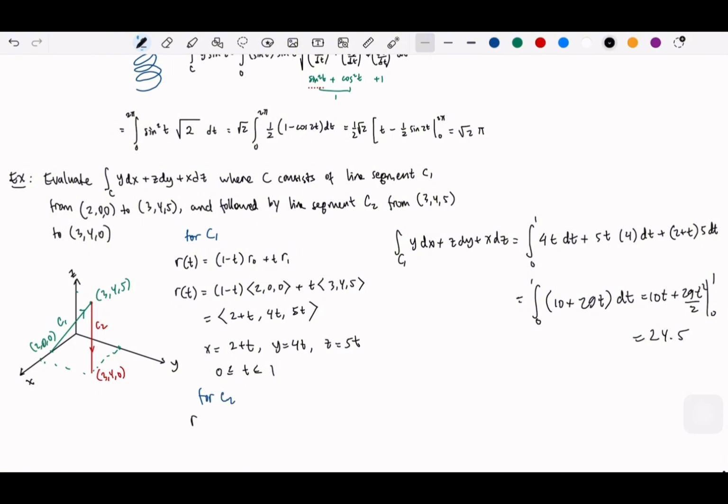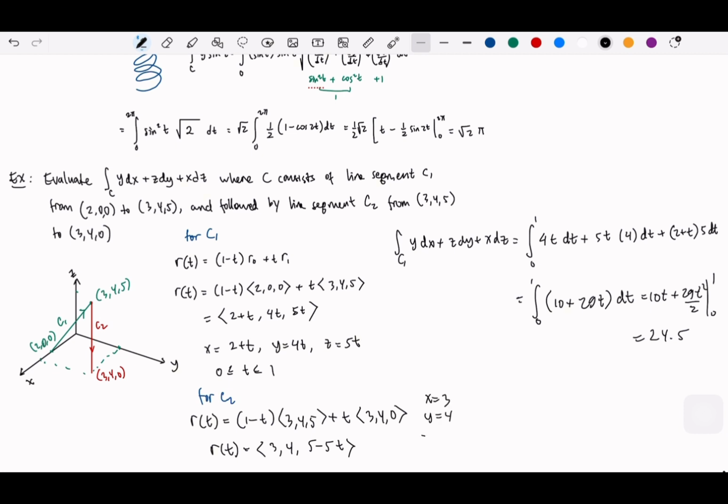You can take r(t) equals 1 minus t, now starting from 3, 4, 5 and ending at 3, 4, 0. This will be 3, 4, and then 5 minus 5t. So x is 3, y is 4, and z is 5 minus 5t.